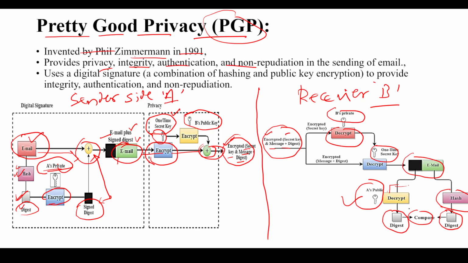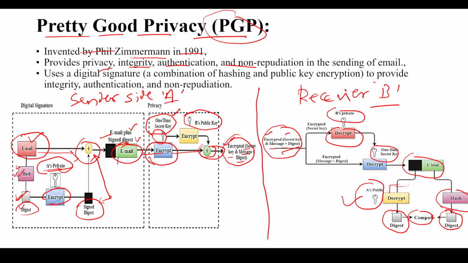So this PGP uses hashing and a combination of three keys to recover the original message. What are the three keys? Public key, private key, and the one-time secret key. The receiver receives the combination of encrypted secret key and message plus digest in the first step, as mentioned here.